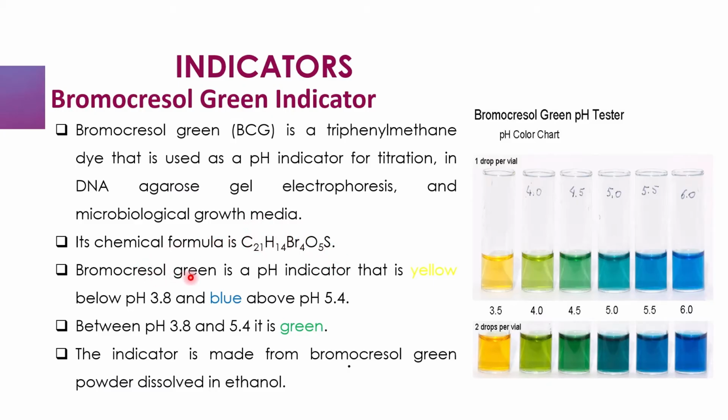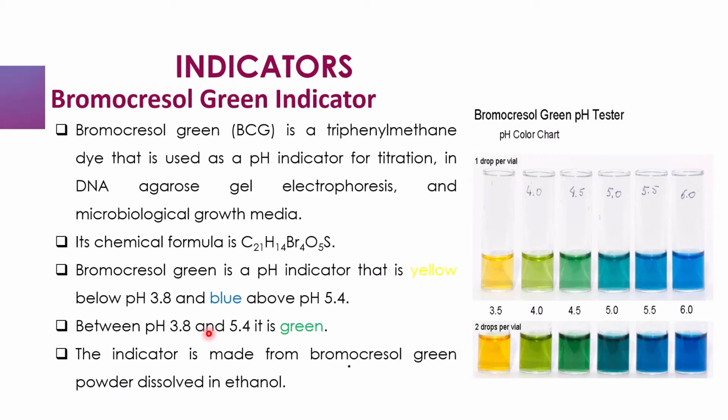and bromocresol green is a pH indicator that is yellow below pH 3.8 and blue above pH 5.4. So as you can see over here, at any pH below 3.8 it turns yellow, and at pH above 5.4 we can see that it turns blue.